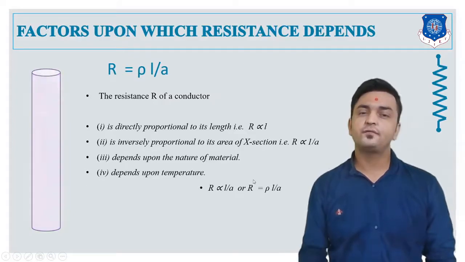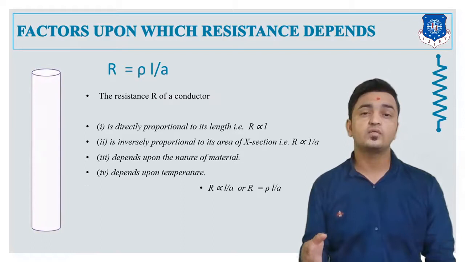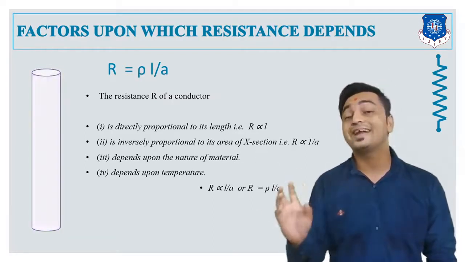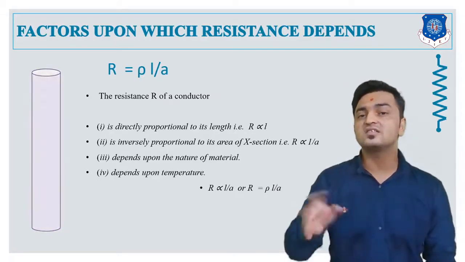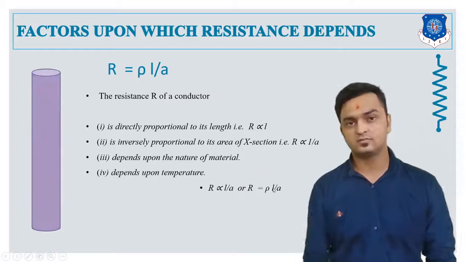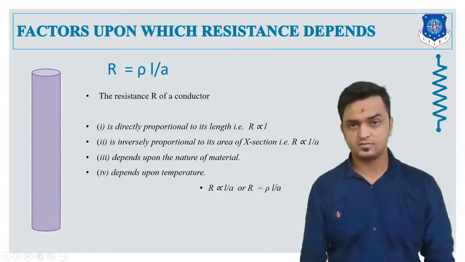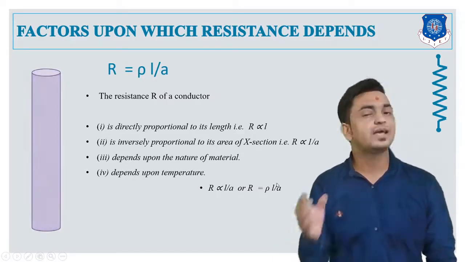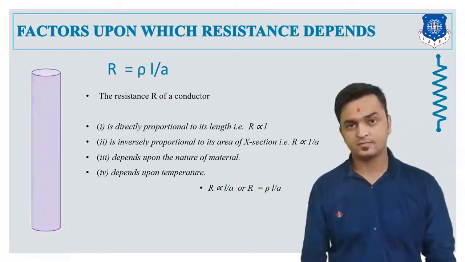If we change the temperature of any material, what will happen? There will be a change in its atomic structure, which will change the resistivity of that material, and because of that resistance will change. So if temperature changes, resistance of that material will change.